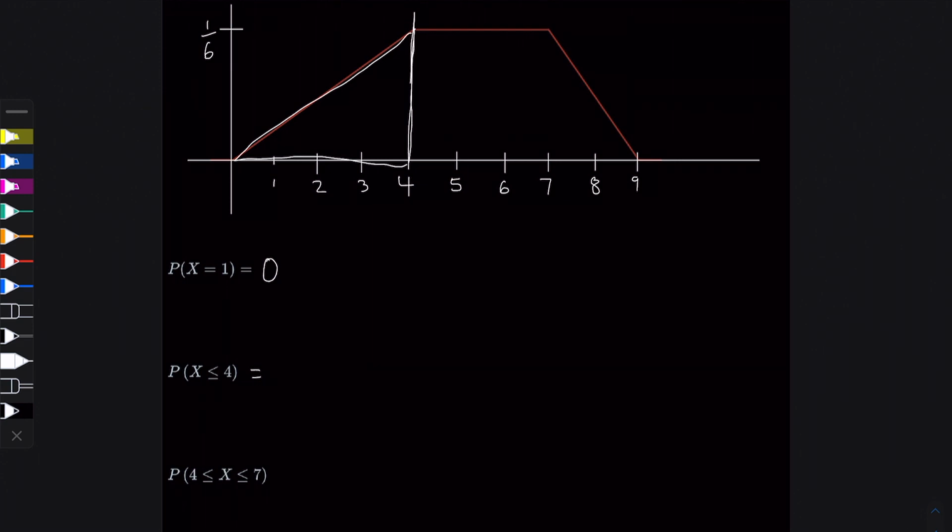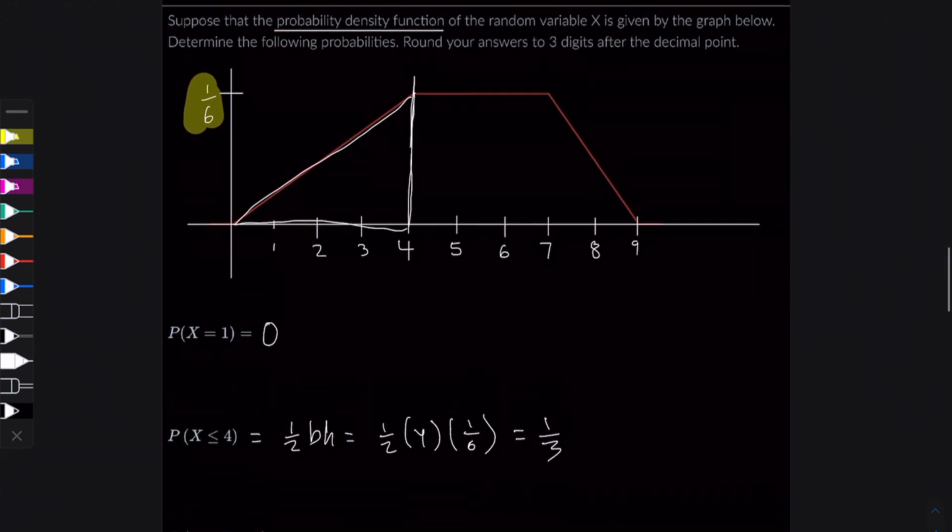And if you remember the formula for area of a triangle, it is 1/2 base times height. And so our base here would be 4, and then our height would be 1/6 because of this number right here. So this comes out to 1/3. So that's going to be the probability that x is less than or equal to 4 based on this graph.